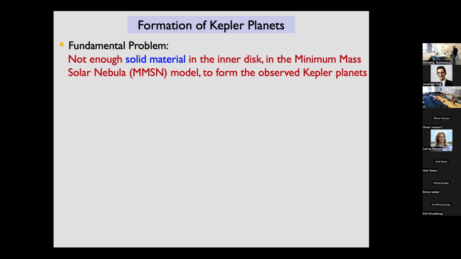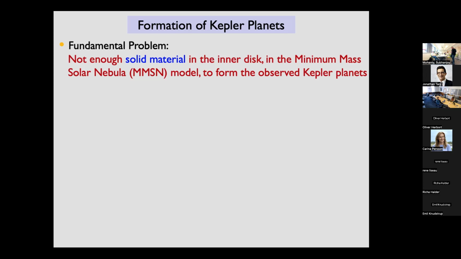Okay, so if you have these things which are mainly essentially rock iron composition and not icy composition, they have to form interior to the ice line. Otherwise you'd end up with icy cores. Right? But when you try to form these things in the inner parts of the disks, which is the location we find them in today, and we would also like to form them there, is the overall idea, right?